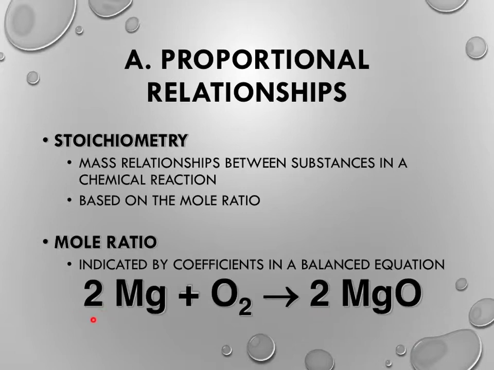That means for every 2 magnesium, we have 1 mole of oxygen and 2 moles of magnesium oxide. So this is what we refer to as the mole ratio, a very important term for you to understand. So that mole ratio comes from a balanced equation. Now remember, if your equation is not balanced, you don't have a clean mole ratio.